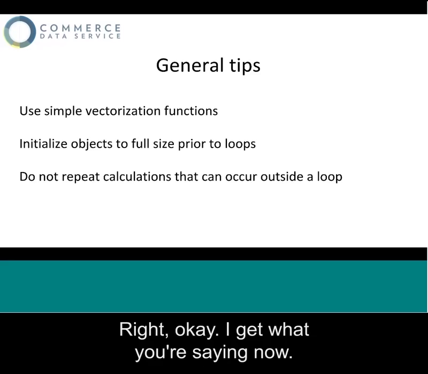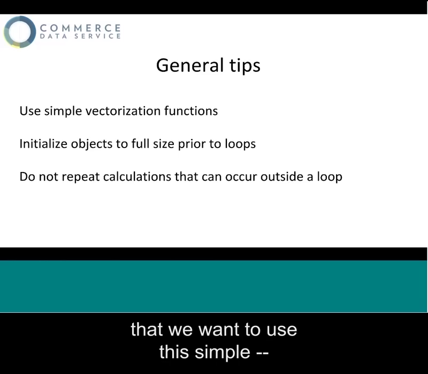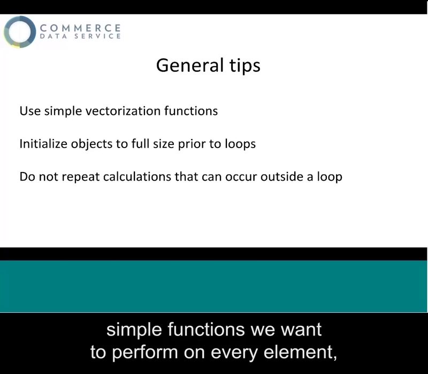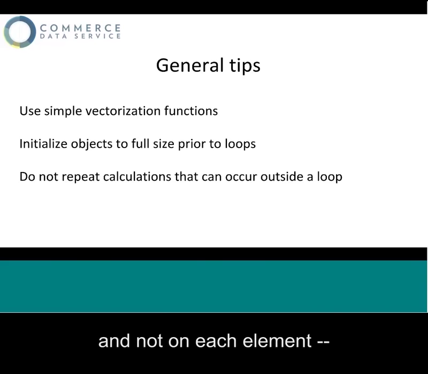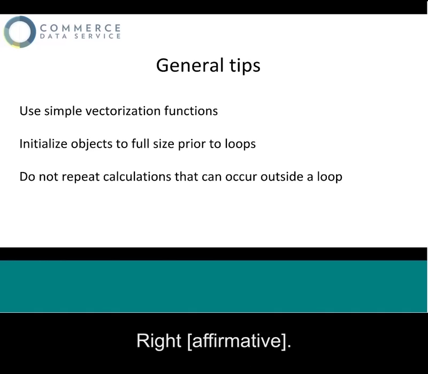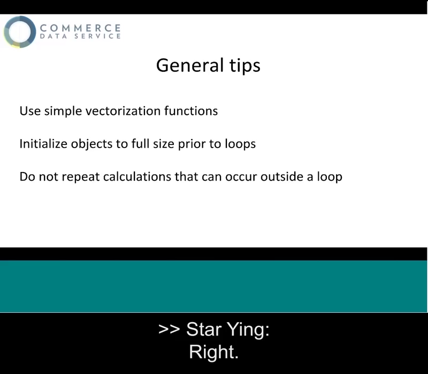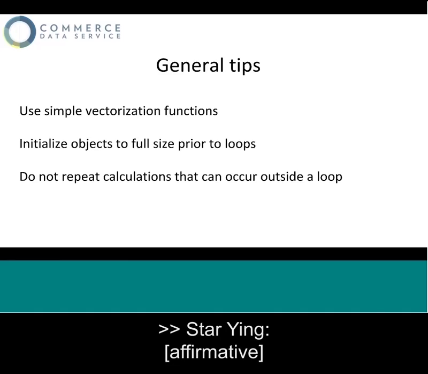Right, okay. I get what you're saying now. So that carries to the first tip, which is that when we have large arrays or vectors and simple functions we want to perform on every element, we should apply the function to the vector itself and not loop through each element.